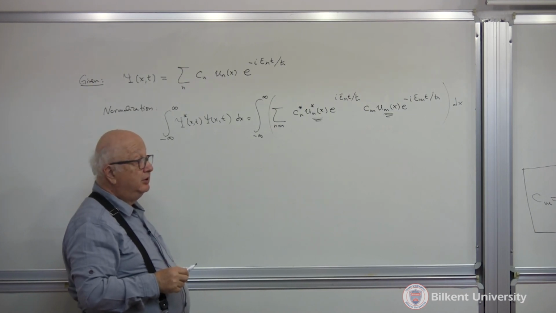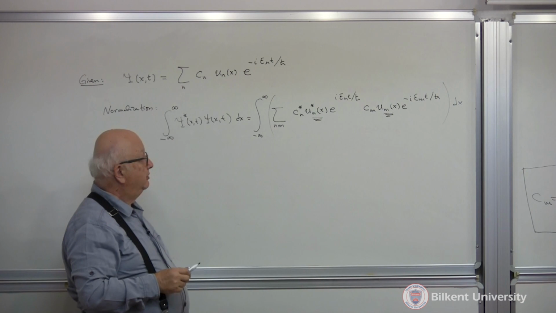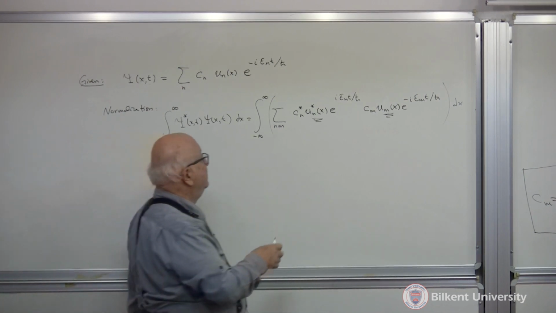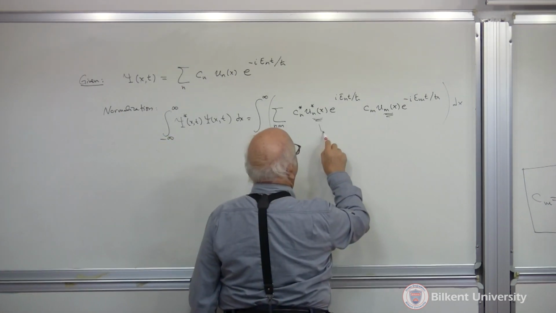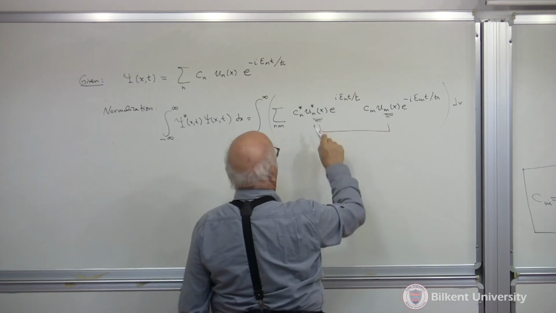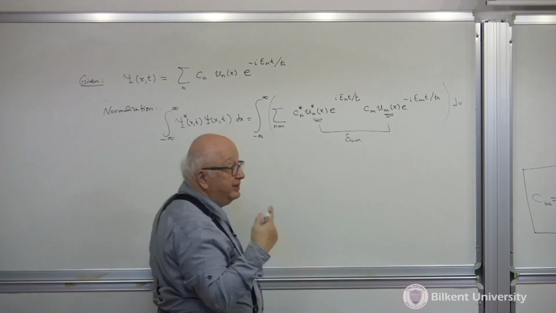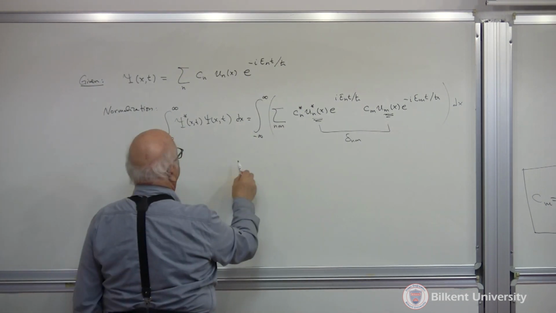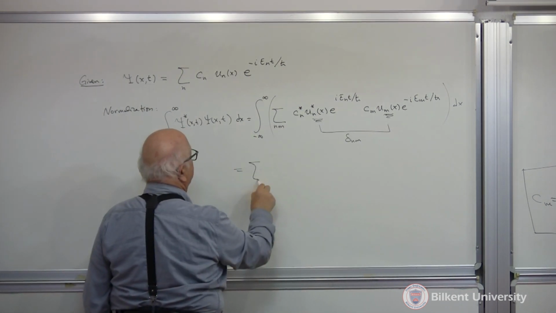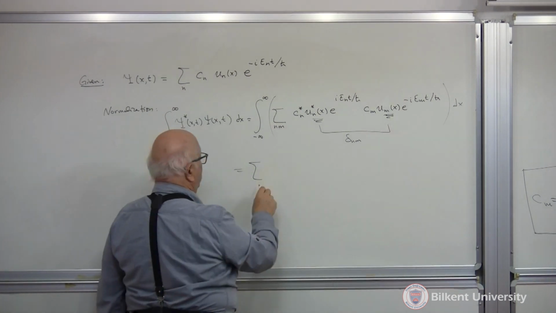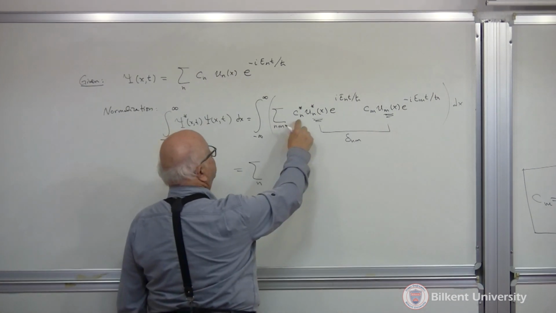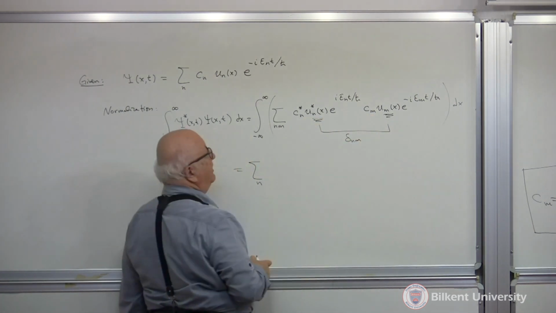A Kronecker delta, and we will get only a sum over n. This integral gives me delta nm, so it will be a single series. This will be equal to a sum over n, and wherever I see an m, I'm going to put n again.